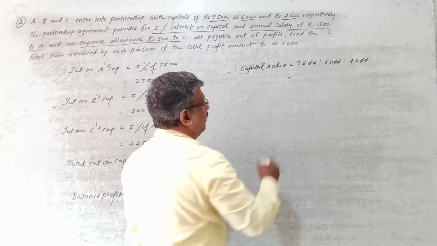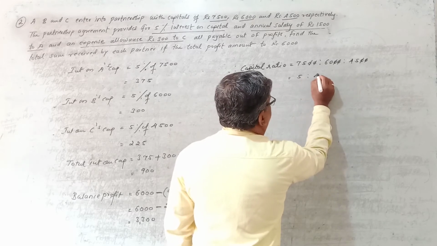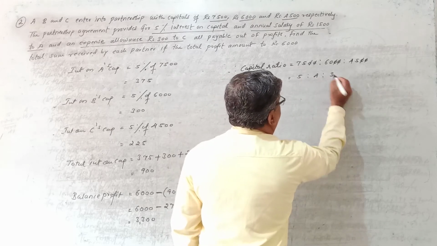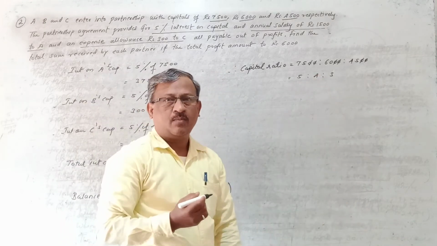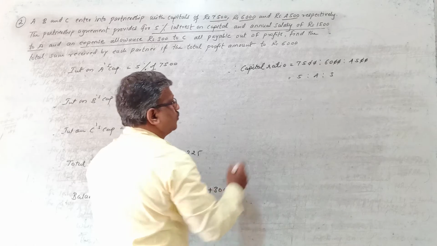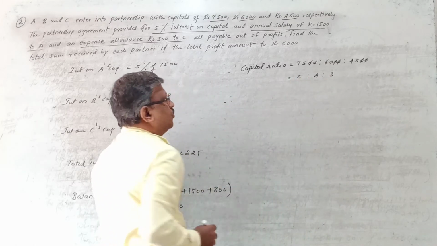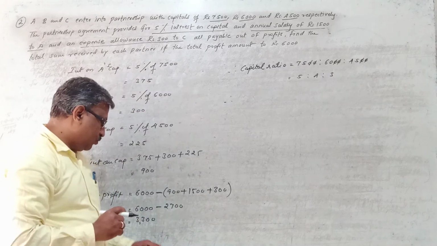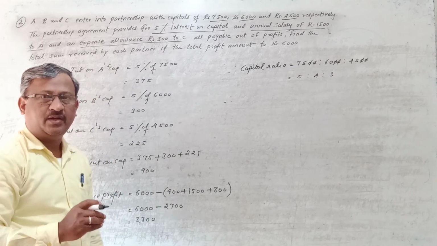So divide by 15. So 15 5s are 75, 15 4s are 60, 15 3s are 45. Further division is not possible here. So my ratio comes to 5:4:3. So in this ratio we have to distribute this balance profit of rupees 3,300 to A, B and C.